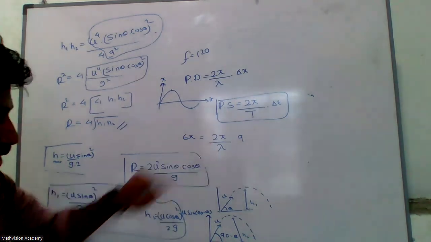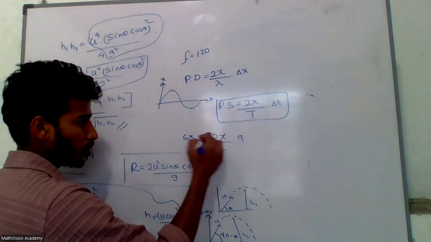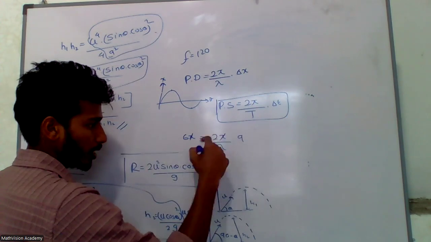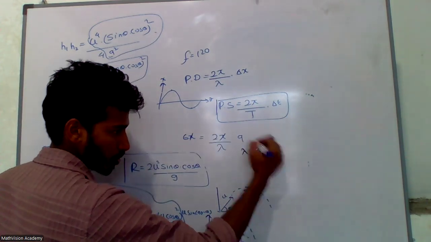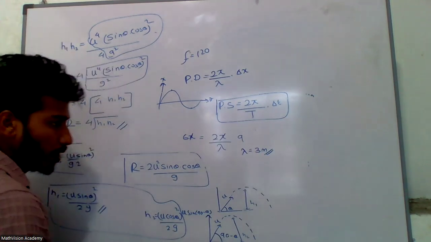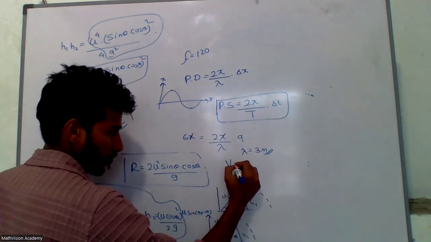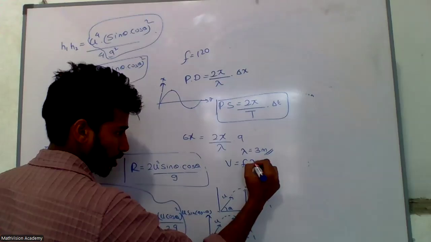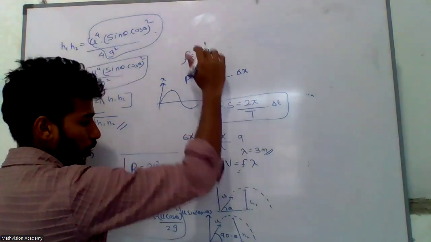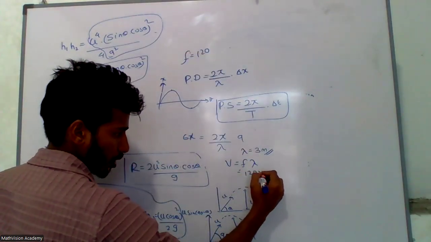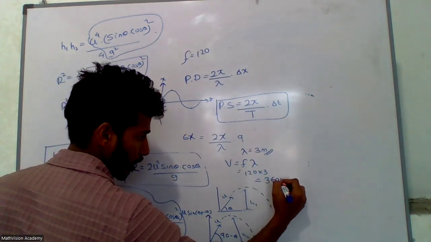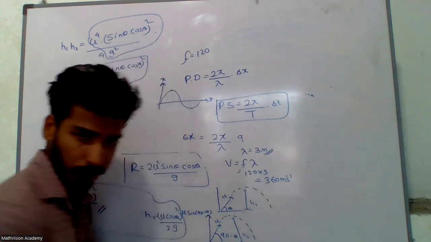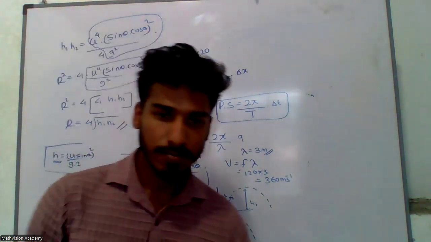So from here I can find the wavelength. That will be 18 over 6, lambda is equal to 3 meters. Okay. Now we can find the speed here. v equals f lambda. Frequency is 120, lambda is 3. My answer is 360 meters per second. Okay. Answer number 3.